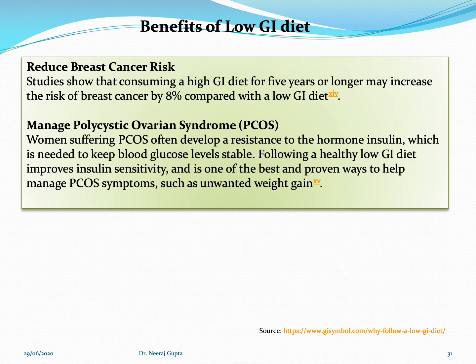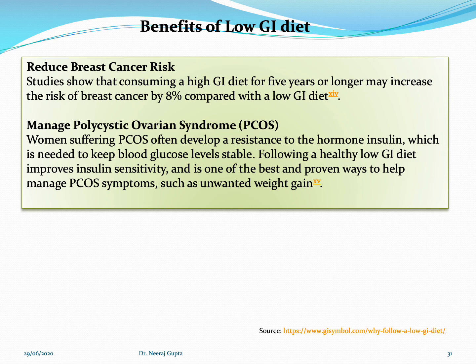Other benefits which are seen are reduced breast cancer risk. Studies have shown that consuming a high GI diet for 5 years or longer may increase the risk of breast cancer by 8% compared with a low GI diet.